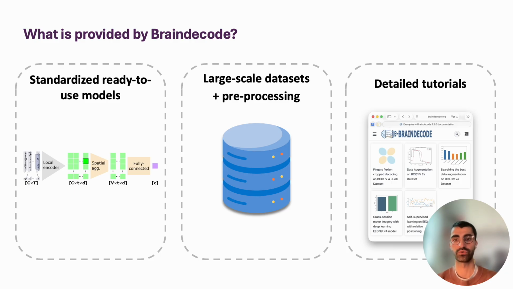And finally, we have a rich collection of tutorials that cover many possible use cases you may encounter when you want to use deep learning with EEG data. And now I will walk you through these three components in the rest of my presentation.